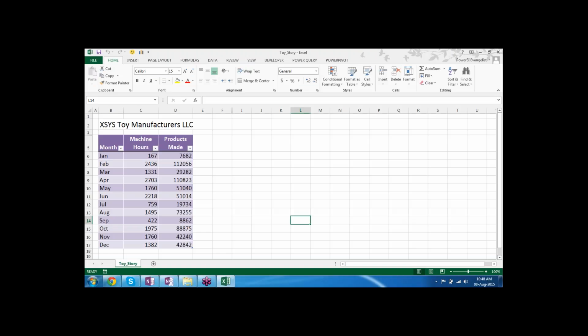I'll tell you the story behind this data. One of my friends has a toy manufacturing unit. He manufactures toys, and he has a huge factory where so many workers, supervisors, production heads and others work. That is a complete production line, operations and production.